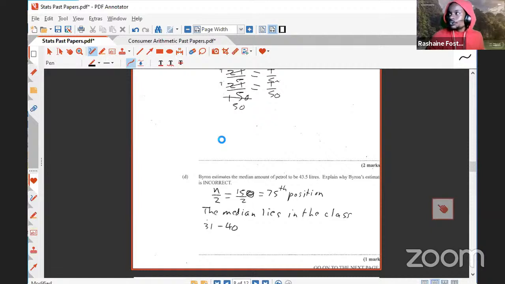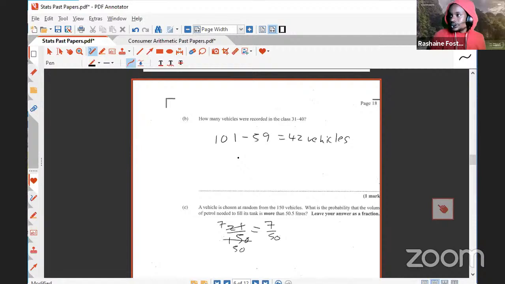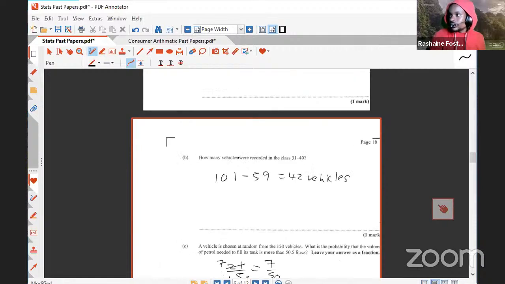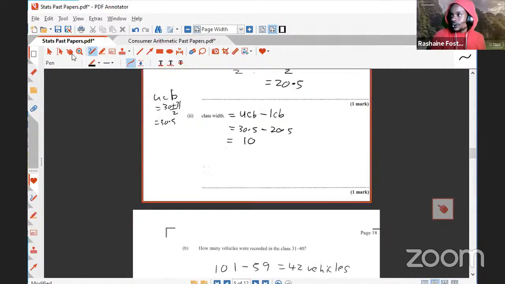In order for us to find the class width, the first thing you have to do is figure out what the class boundaries are. So they want us to find the class boundaries first. Here it is: class width is upper class boundary minus lower class boundary, 30.5 minus 20.5.